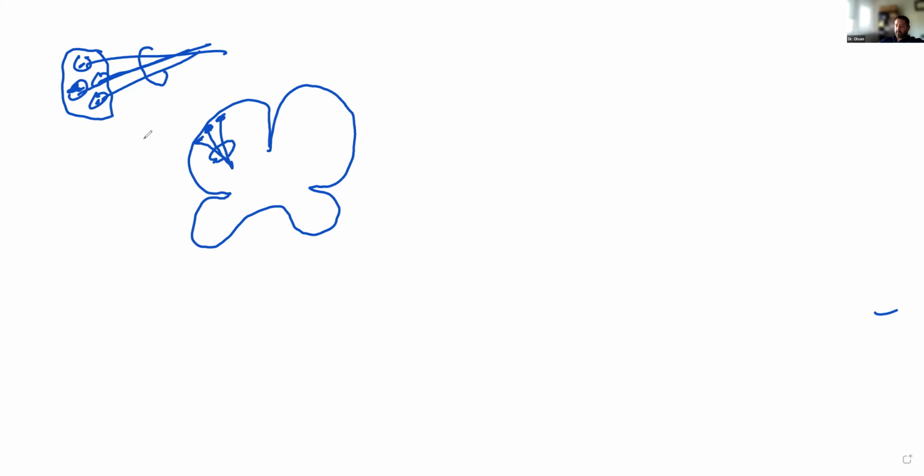And we can say that white matter is going to be a collection of myelinated axons. This is in the central nervous system. Or we can say that they are nerves.